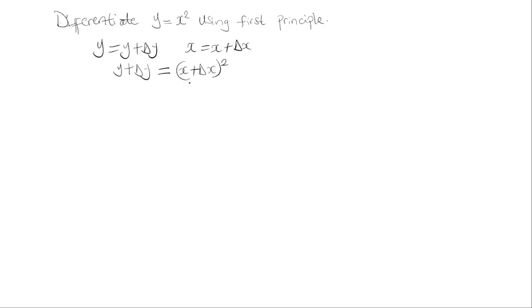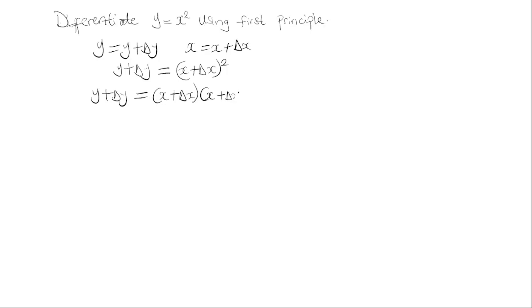The next thing to do is to expand this x plus delta x. By expanding it, we have y plus delta y is equal to x plus delta x in two places, because anything raised to power 2 means that thing in two places.